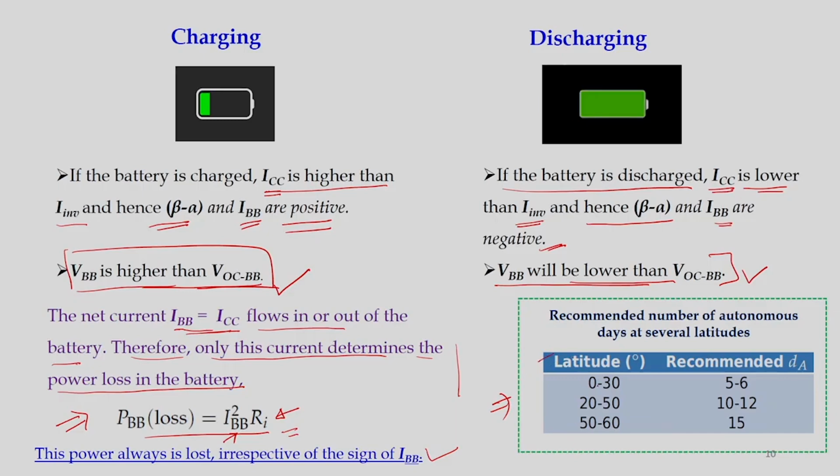If latitude varies from 0 to 30, then we need to consider autonomy of about 5 to 6 days, and if latitude varies from 20 to 50, then this autonomy will change to 10 to 12 days, and for latitude 50 to 60, it is recommended that the autonomy should be 15 days. Again, it depends on the kind of location where these systems are installed. That will dictate the requirement of autonomy.